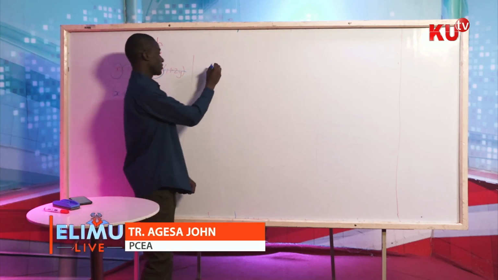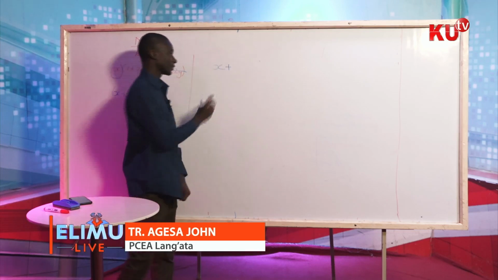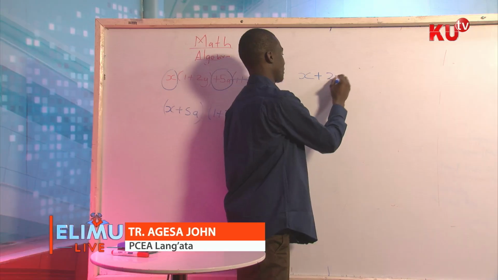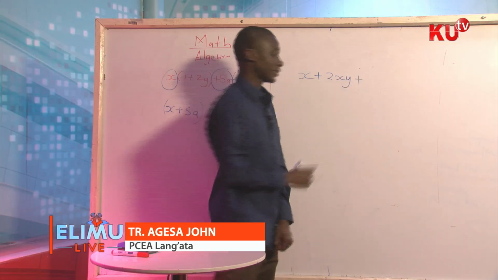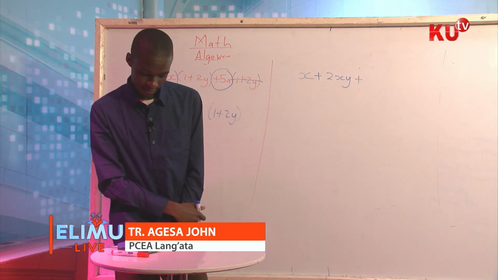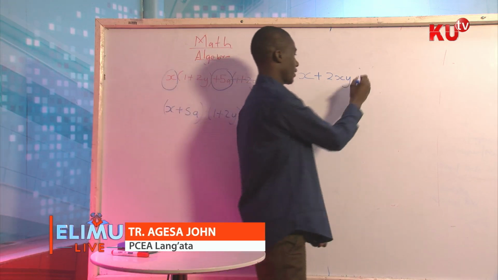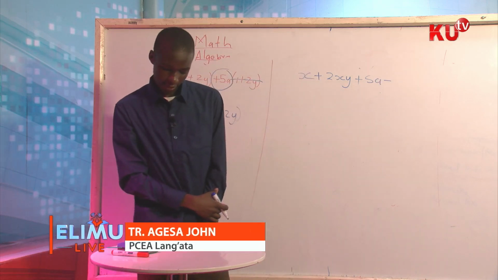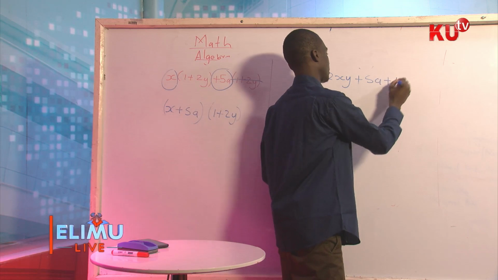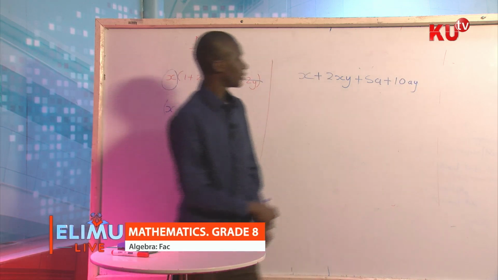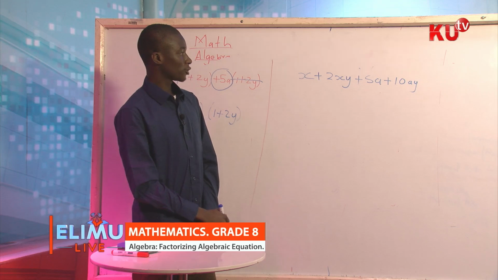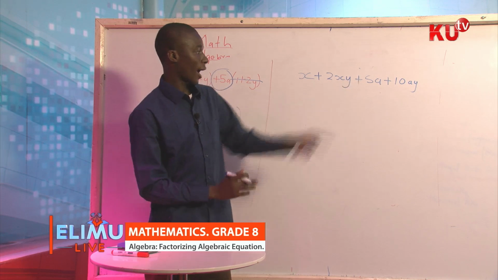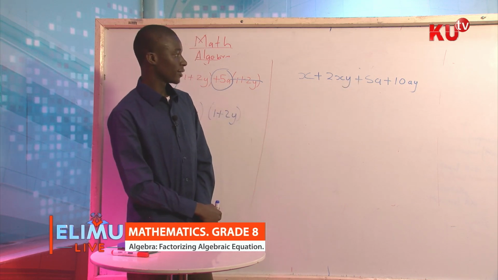We had an expression of this nature: x plus 2xy plus 5a plus 10ay. So that was the original expression that we had, and we've seen how to factorize it when everything is positive. All the signs are addition signs.